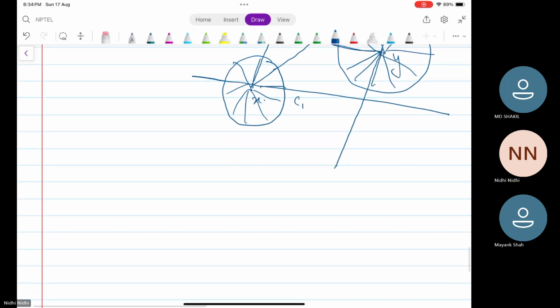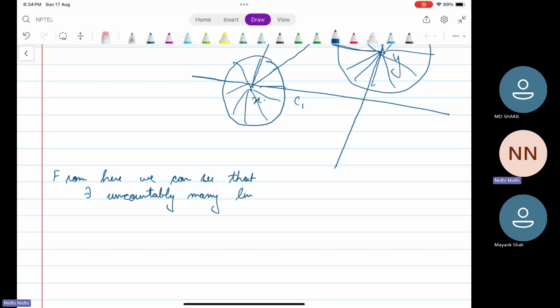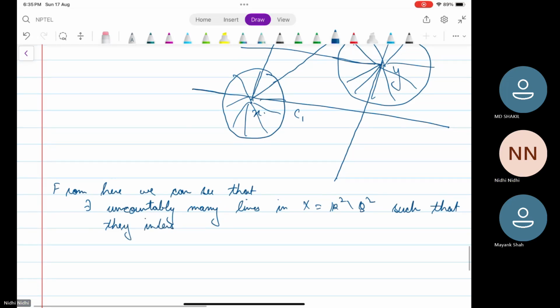So from here, we can see that there exist uncountably many lines in X, which is R2 minus Q2, such that they intersect and join either x and C1 or y and C2.